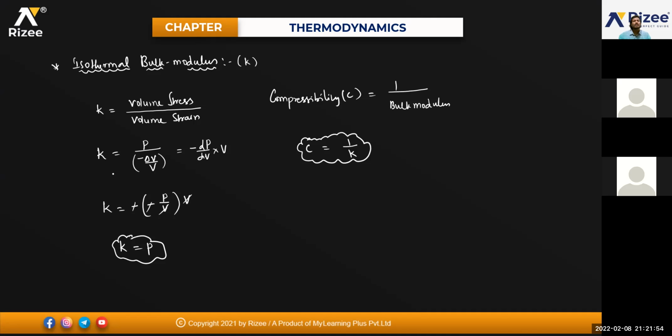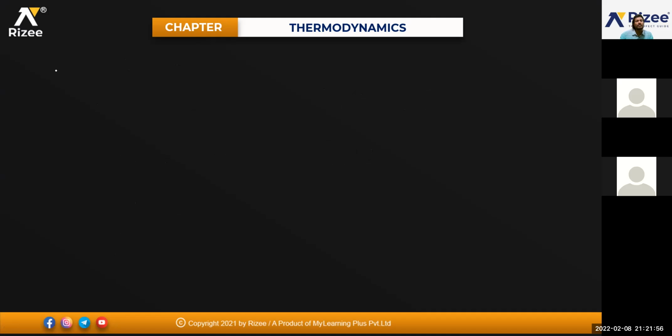Now, let us try to apply the first law of thermodynamics to the isothermal process. dQ is equal to dU plus dW.